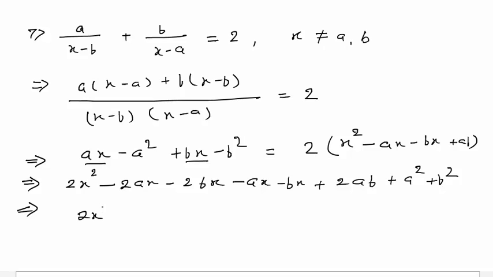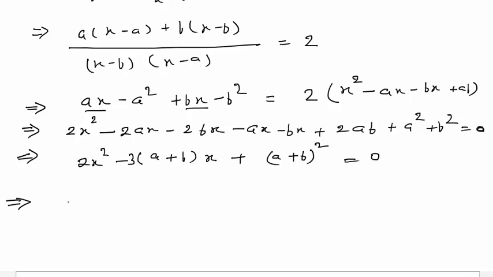Now this 2x square, this minus 2x and this minus ax, so I have minus 3x. So what I will do? I will take minus 3 common, and here I have a plus b times x. And this term, which is a square plus b square plus 2ab, can be written as a plus b the whole square, and is equal to 0.